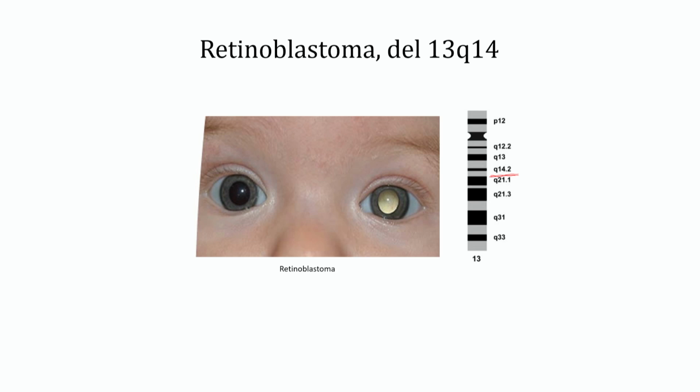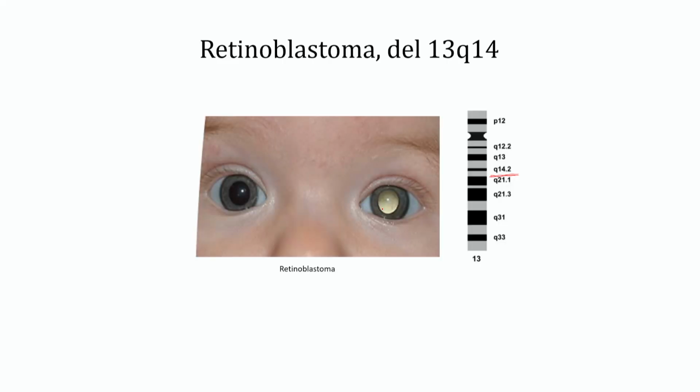Nothing will happen, because on one chromosome this region, the gene named RB, is sufficient to make the required amount of RB protein, and so the individual is happy. If the deletion is in homozygous condition, that is on both chromosomes, then this causes the problem. This causes retinoblastoma, that is, cancer of the eye.